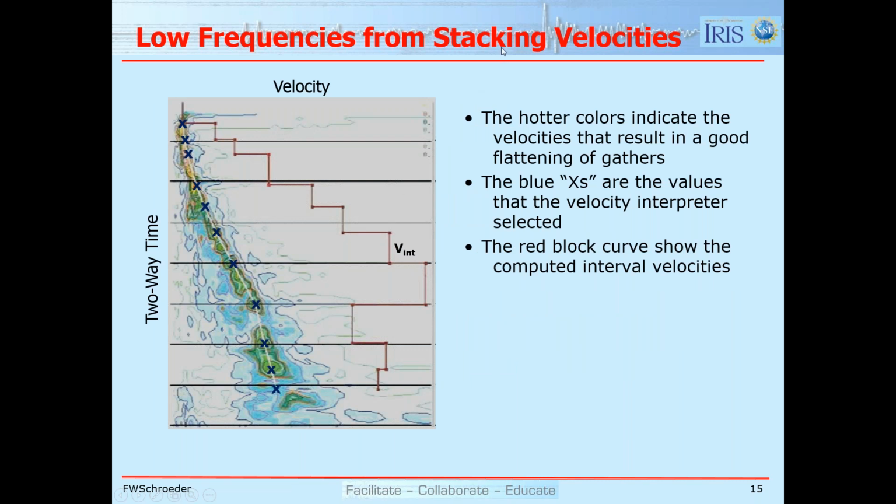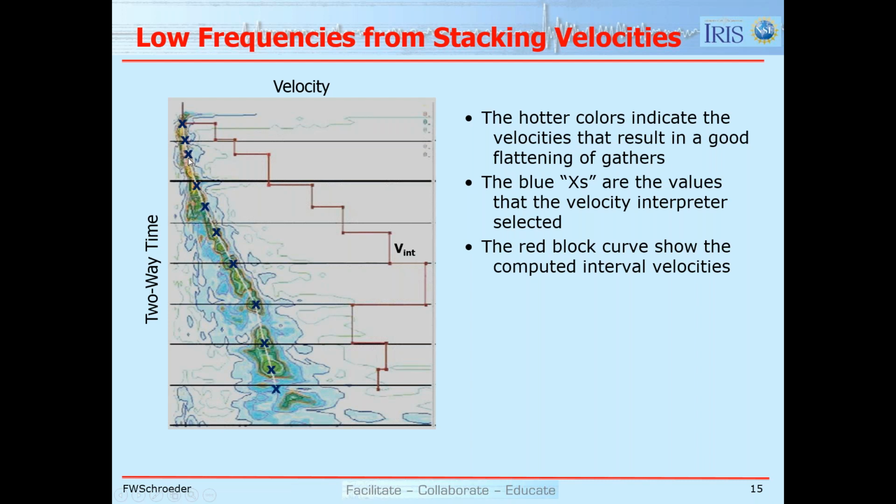So the low frequencies can come from stacking velocities. Here we have a semblance diagram. It's for one trace, and we're looking at two-way time, a proxy for depth, and we're looking at velocities from slow velocities to high velocities. The hotter the color means the more consistency there is in the stack, the flatter the stack has been.